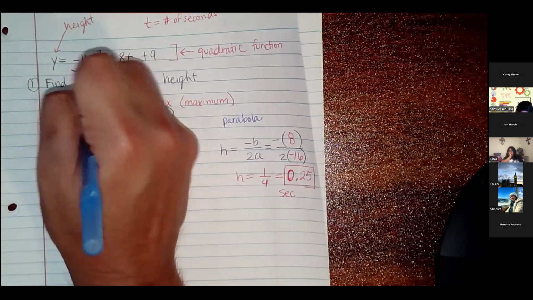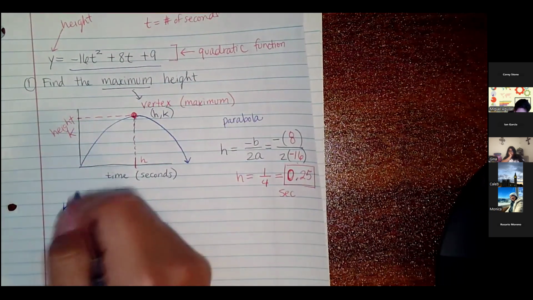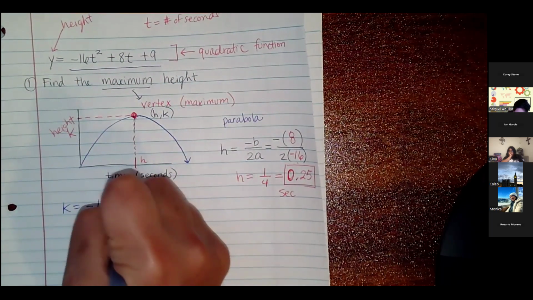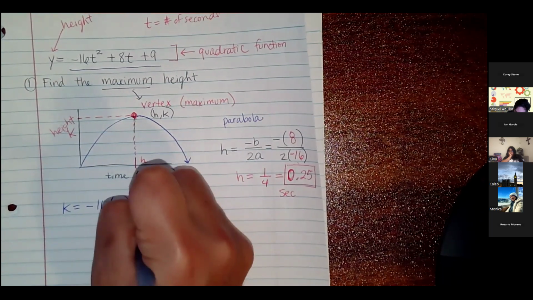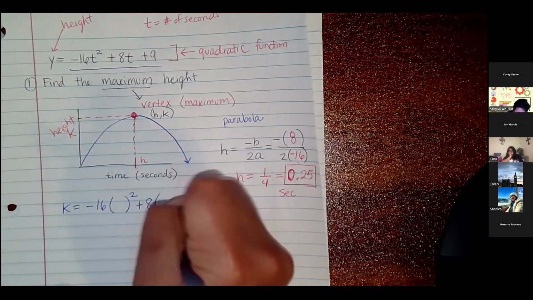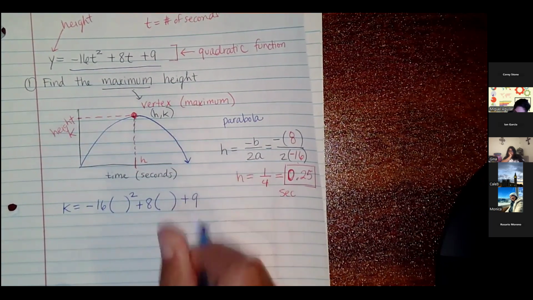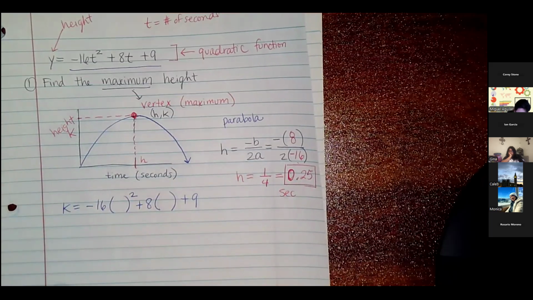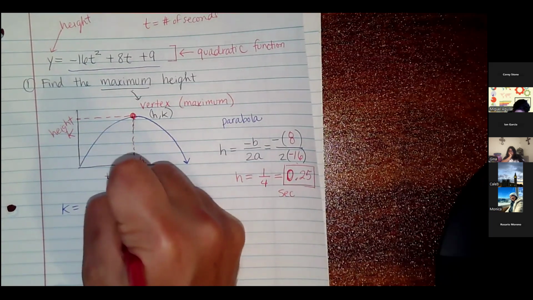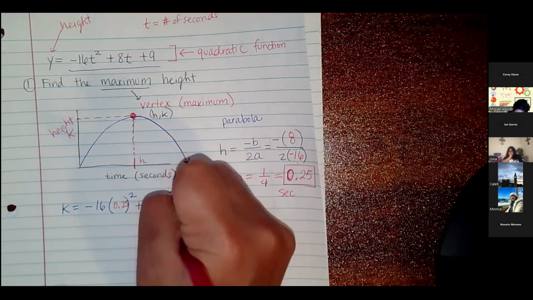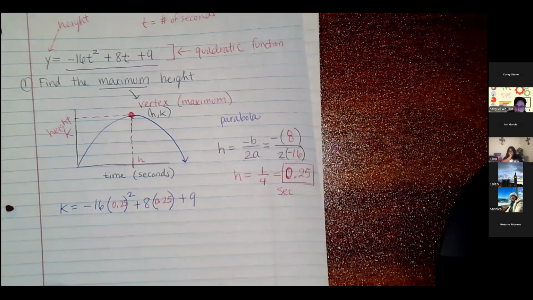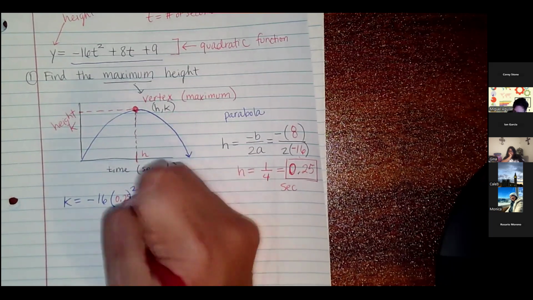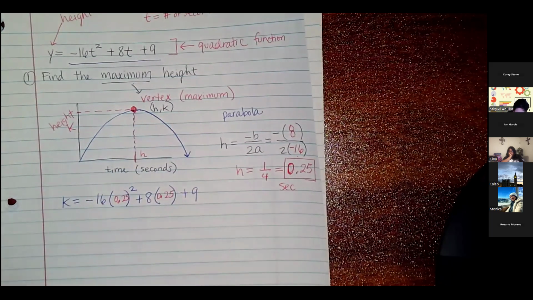We're going to plug that into the original function. So k is equal to -16 times something squared plus 8 times something plus 9. And we're just plugging in that 0.25 that we found, or the 1/4 if you prefer the fractions. I usually would, but I'm trying to go easy on you guys right now.